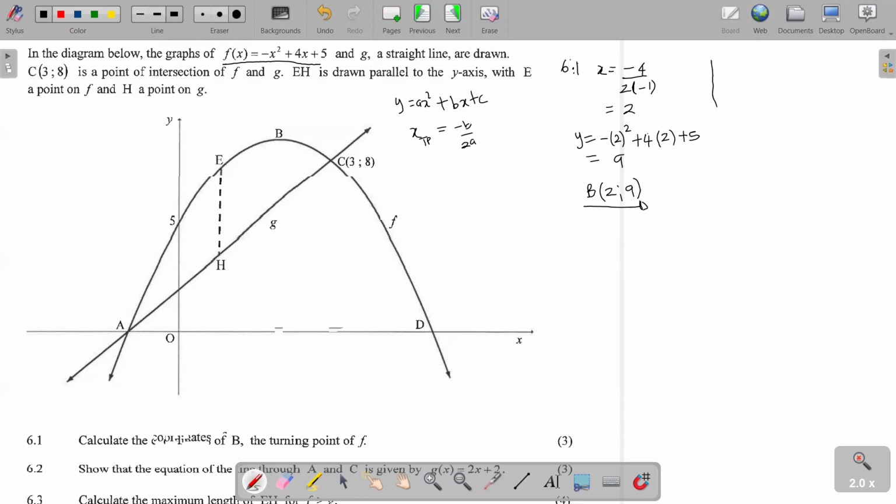But alternatively, for any function that can be given, to calculate the coordinates at turning point, we have to first get the first derivative of the given function. So if we derive that function, we bring our first derivative, defined by f prime there.